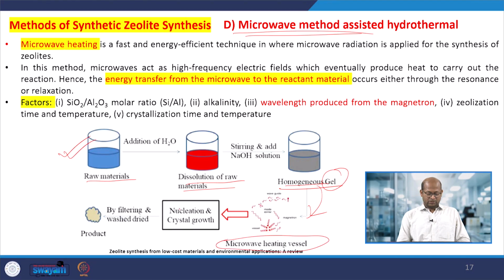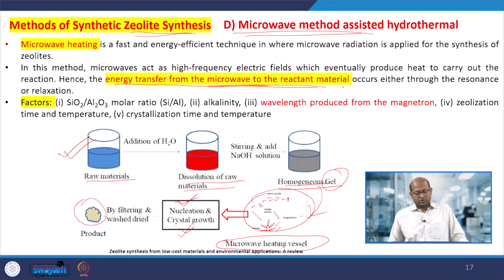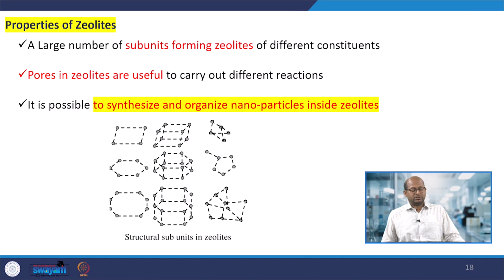Then there would be nucleation and crystal growth, and finally we filter, wash and remove different organic materials, and then the product comes, so that zeolite materials are formed. And here the energy is transferred into the gels, that is microwave heating. Some properties also change when we synthesize the zeolite material by conventional heating methods. Instead of that, if we use microwave heating methods, then the structures would be different.